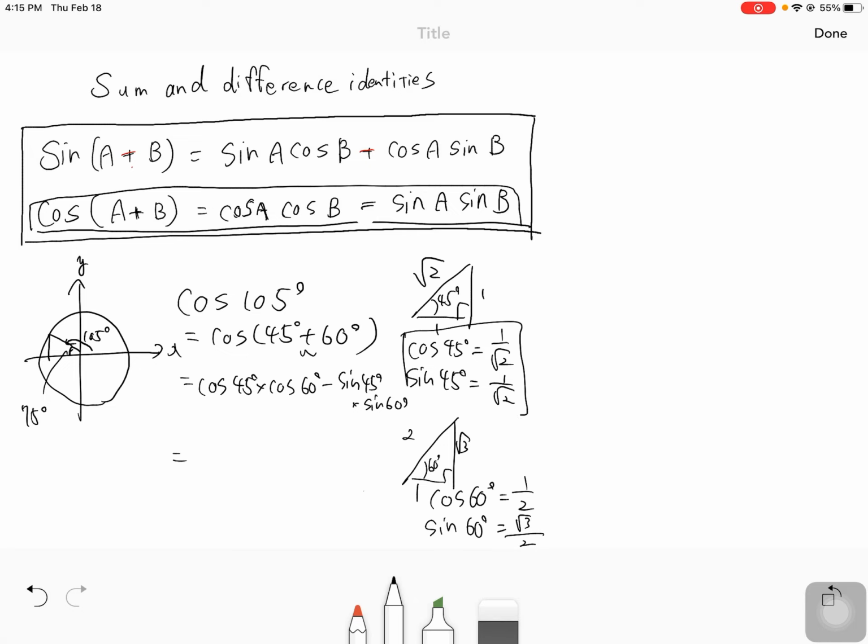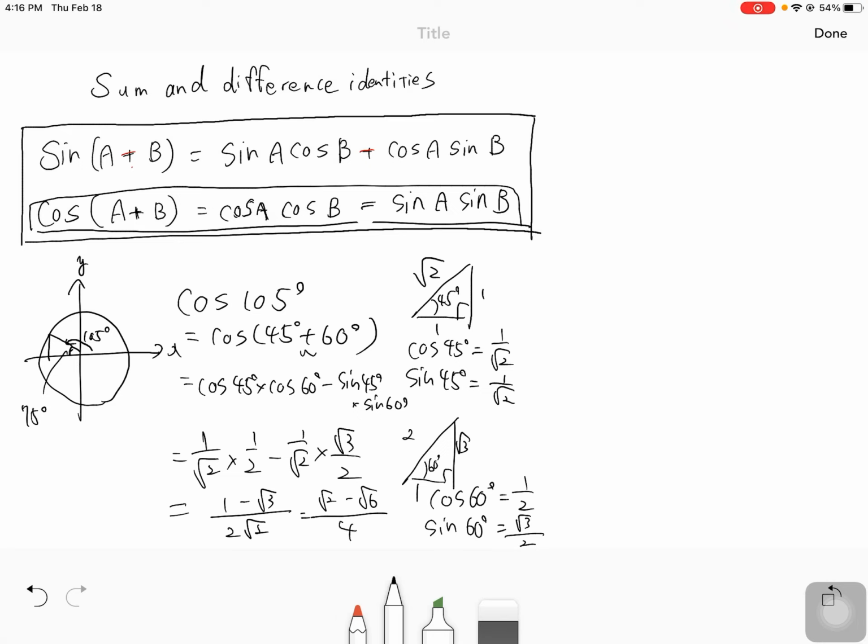Then you have 1 over square root of 2 times 1 over 2, negative 1 over square root of 2 times square root of 3 over 2. It's going to be (1 − square root of 3) over 2 square root of 2, which, let me simplify, is (square root of 2 − square root of 6) over 4. I just multiplied square root of 2 on the top and the bottom.